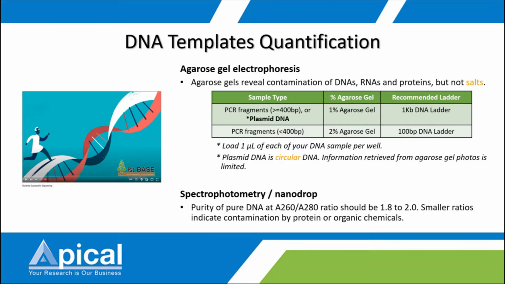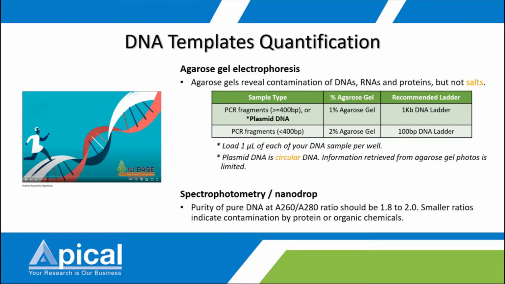And the possible advantage of agarose gel is that you may be able to estimate the intensity of the DNA band that is generated. You can always compare the intensity of your DNA sample with the DNA marker that you're using.